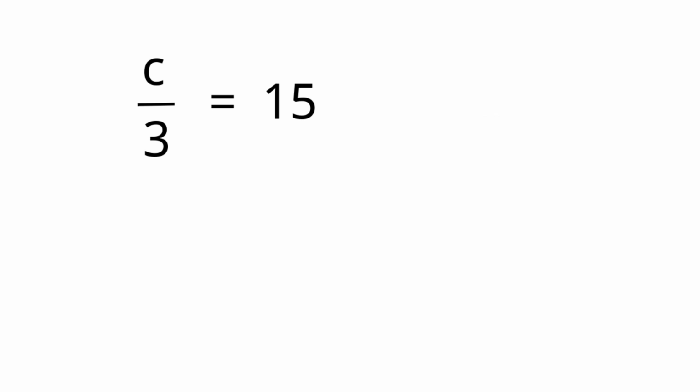Here we have a number, which is C, divided by 3 equals 15. So basically, a number divided into 3 equal groups where there are 15 in each group. First, I want you to highlight the divide by 3.